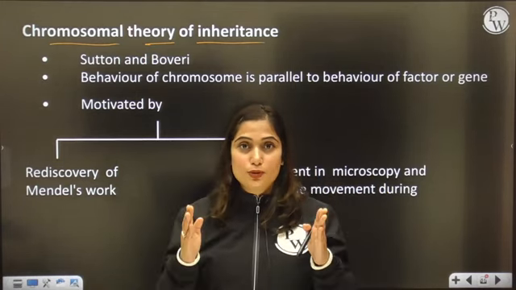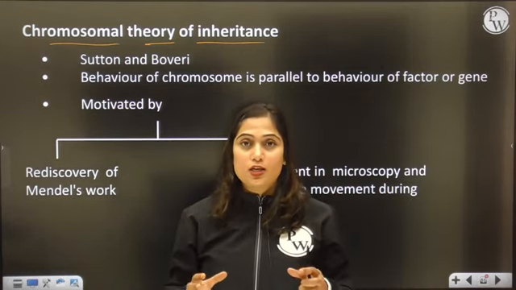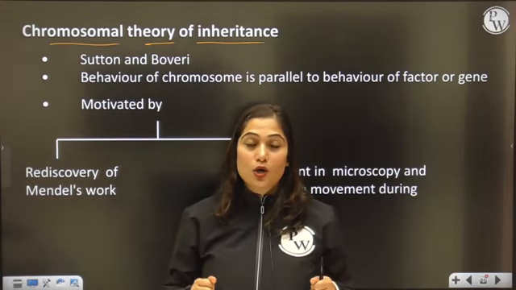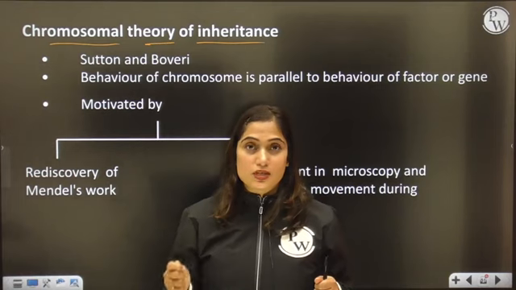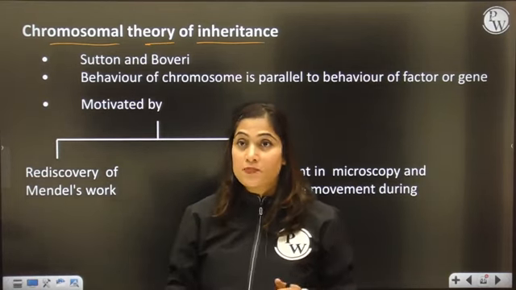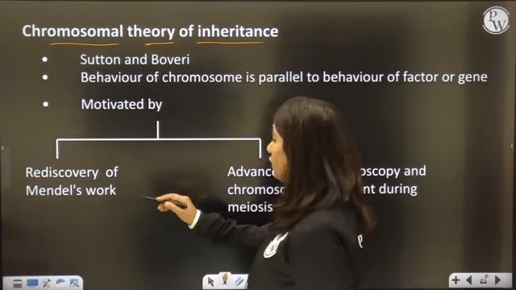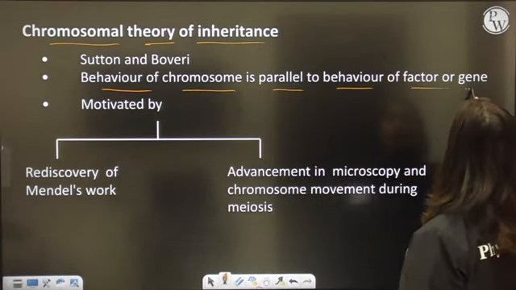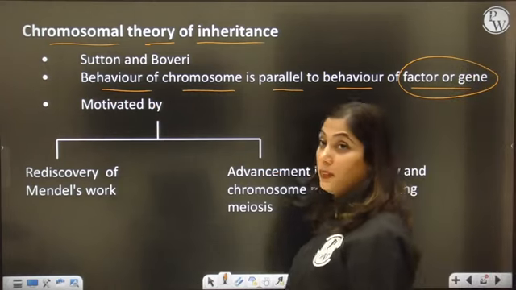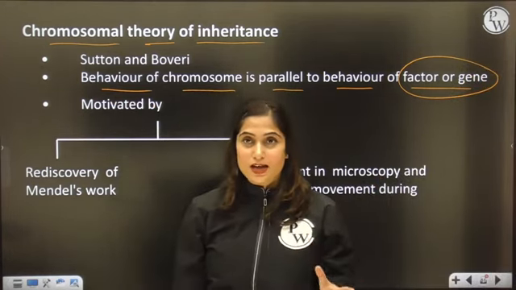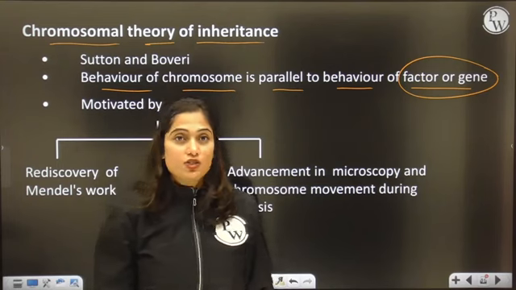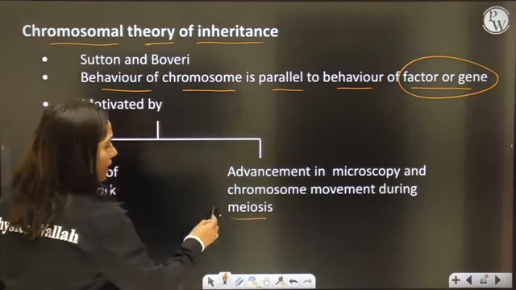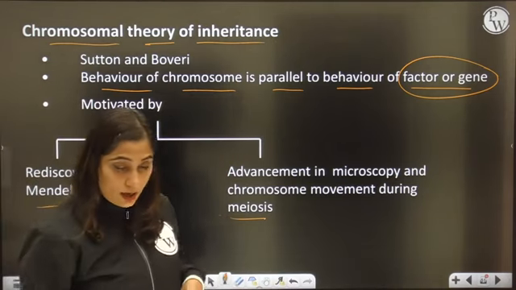Based on this knowledge, Sutton and Boveri combined the electron microscopic studies and the laws of inheritance, and they concluded that the behavior of chromosome is parallel to the behavior of factor or gene. The behavior of chromosome is parallel to the behavior of gene. And this is based on the rediscovery of Mendel's work and the advancement in electron microscopy.